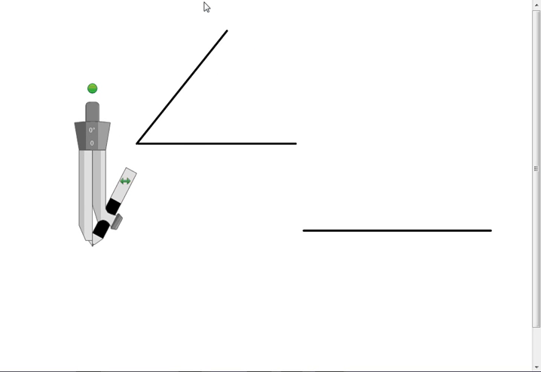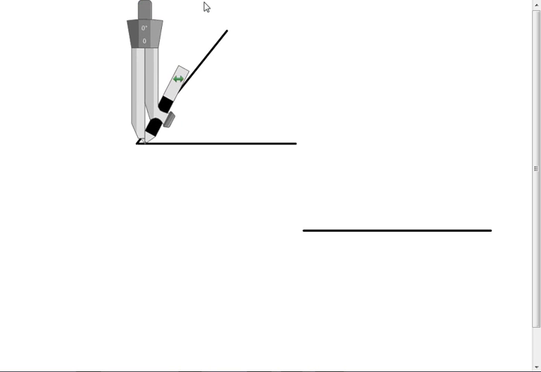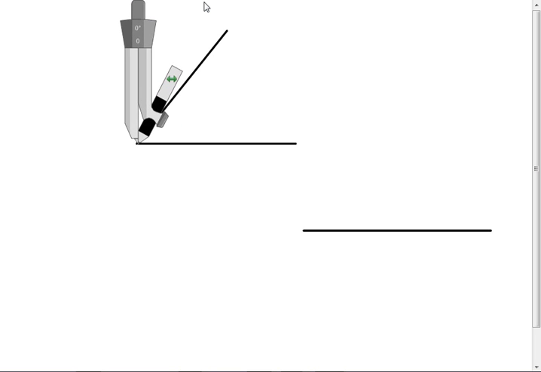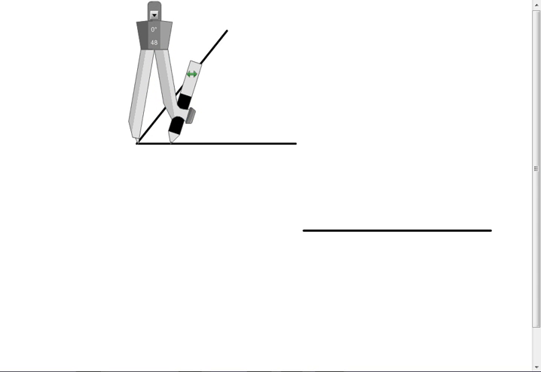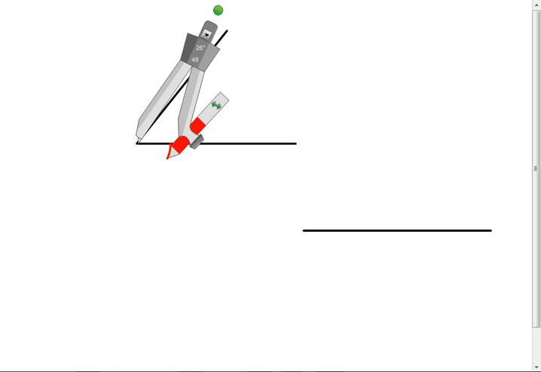There's only one place to put that compass point, and it's at the vertex. That's unique. It's very special. All these are a whole bunch of points. Which one do you want me to put it at? This one is the only one of these. So I'm going to put it here, and I'm going to open this up, and change colors, and make a little arc here.